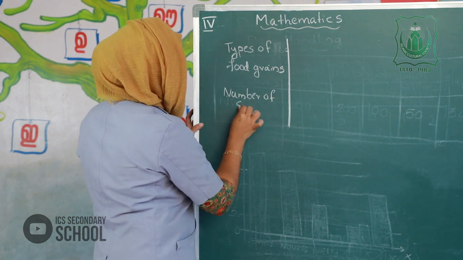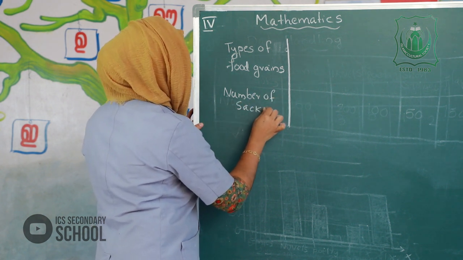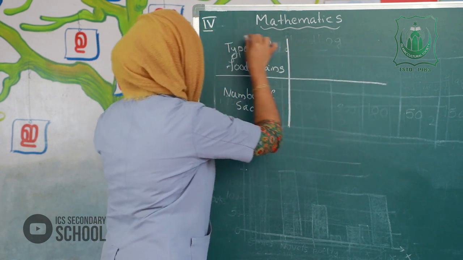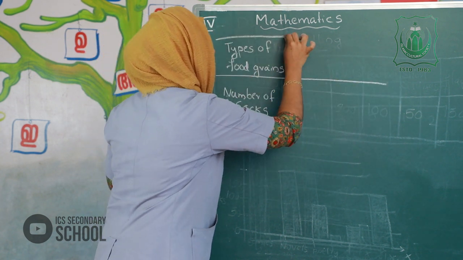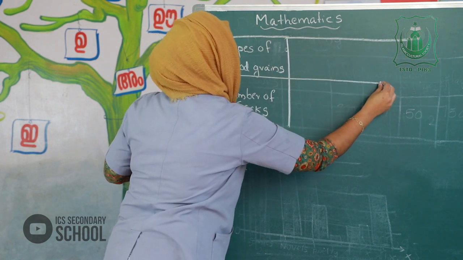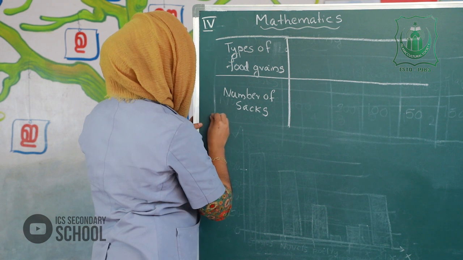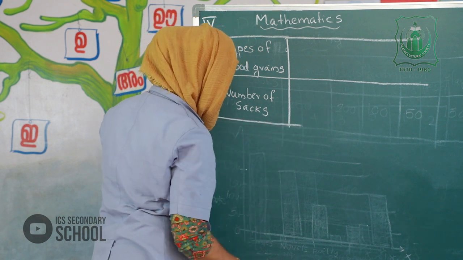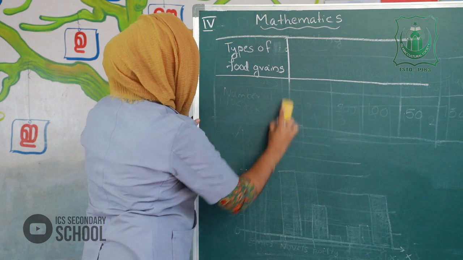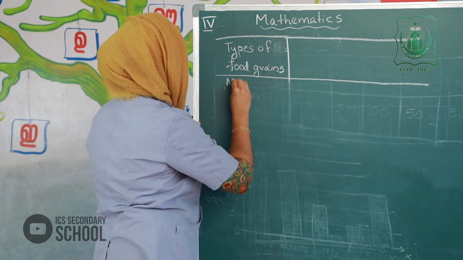So here the information about the types of food grains and the number of sacks.